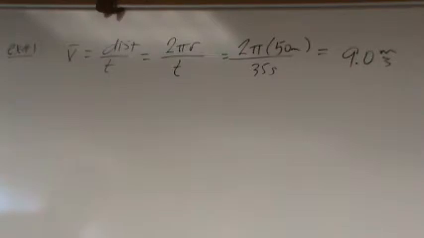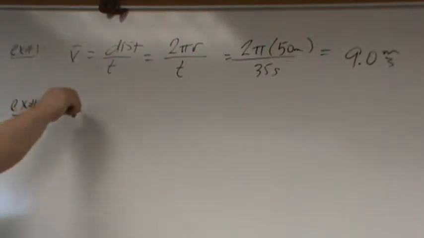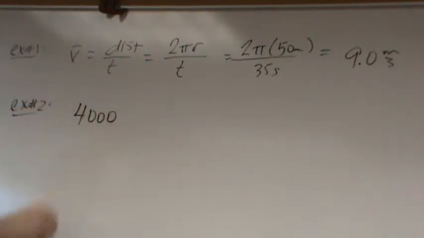Look at example number 2. A gear of radius 8 centimeters rotates at 4,000 RPM. Find the speed at the edge of the gear. Well, you're going to convert RPM to meters per second, and so you're going to treat it like a conversion problem. Who can tell me, what does RPM actually stand for? Revolution per minute. Good.